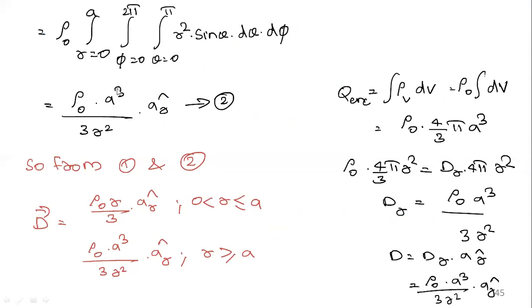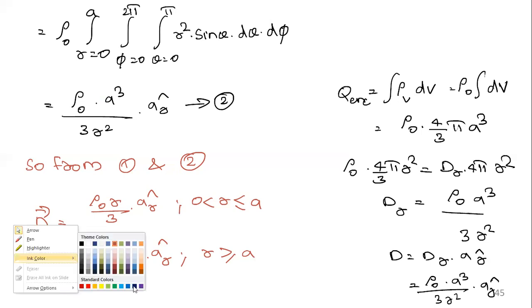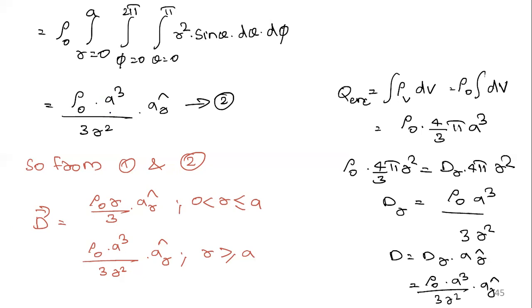So same way you will integrate, and we'll get it as rho 0 into a cube by 3r square into ar. That is equation number 2. So how you are getting that: Q enclosed is equal to integral rho v dv, that is rho 0 into integral dv, that is rho 0 into 4 by 3 pi a cube. Then we will equate them.